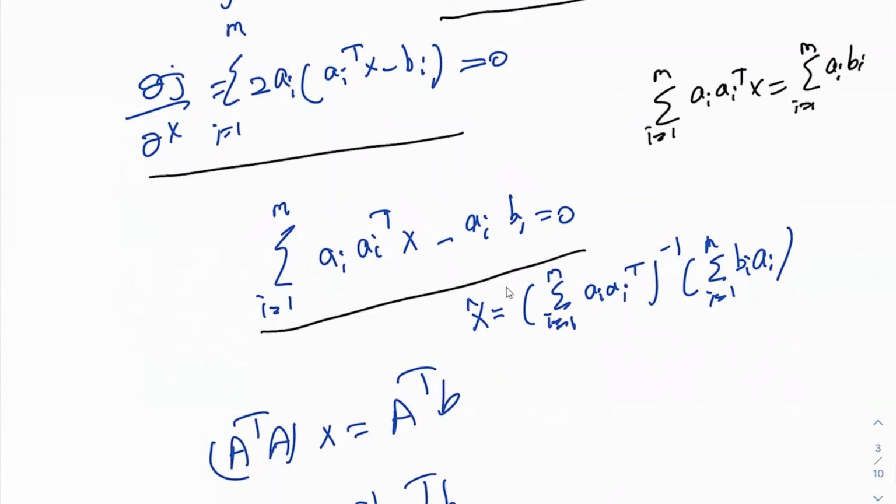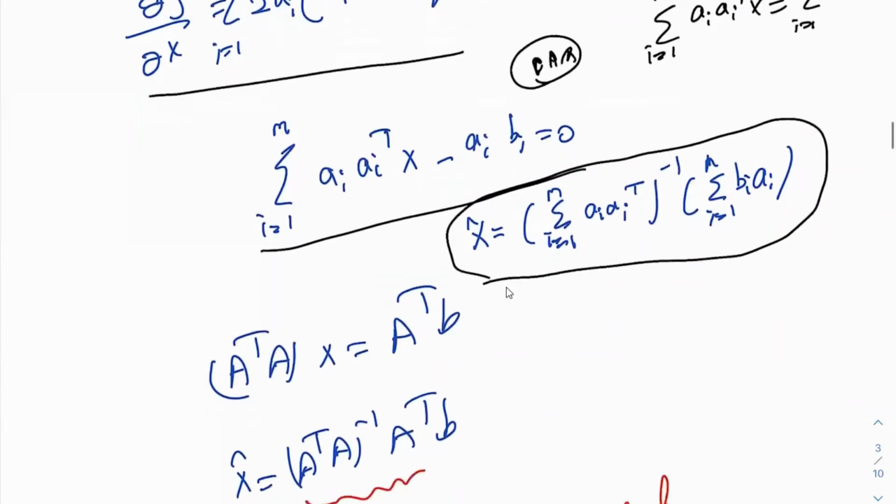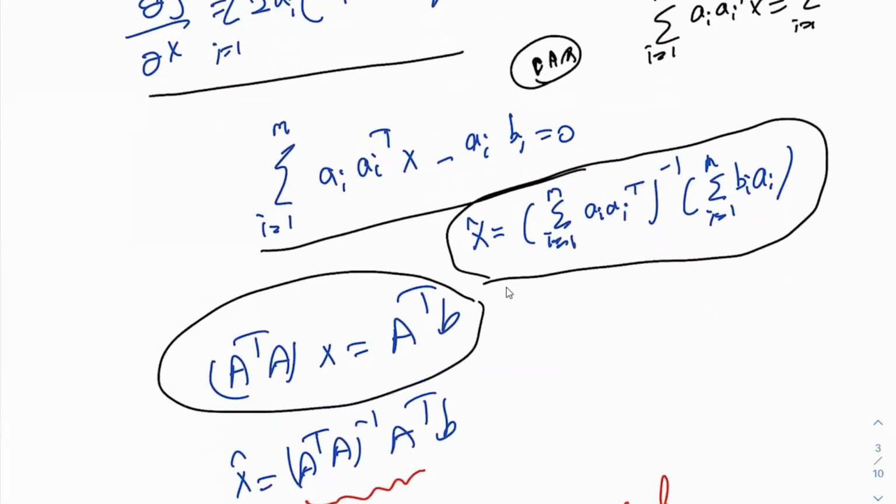And from here, X is equal to this expression. That's definitely a valid expression, and it's definitely satisfactory. Okay. But usually what you see in the literature and what is really common is to write this 3-star equation as follows. Like this 4-star equation. This 4-star equation is called normal equation.